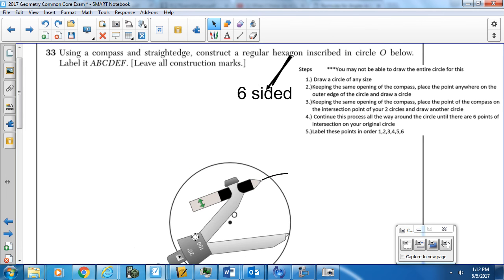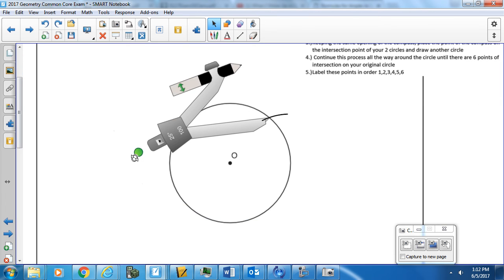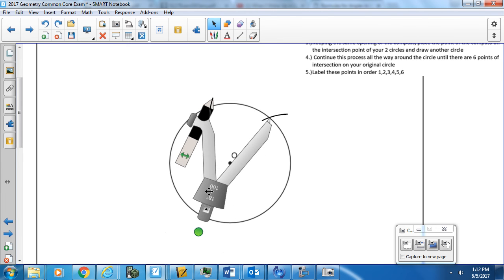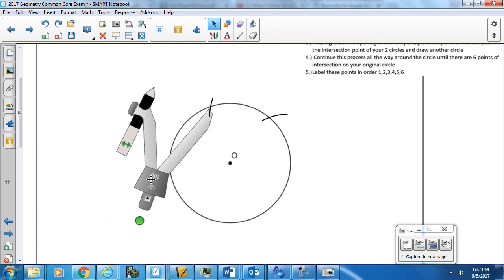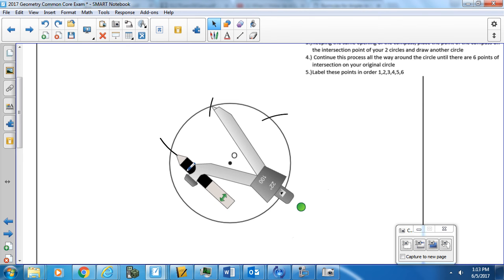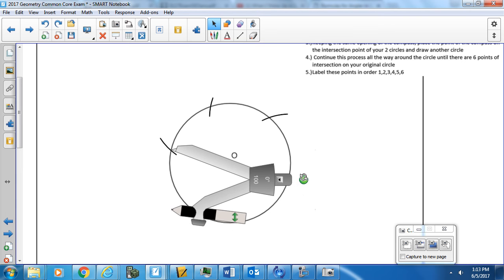So we can just go ahead and draw an arc or a part of the circle, and we're going to go around the circle until we get 6 marks, 6 arcs. So let's go ahead and do that. And if you have a compass, you can follow along. If not, just pay attention and make sure and write down those directions so that you are clear on what to do.